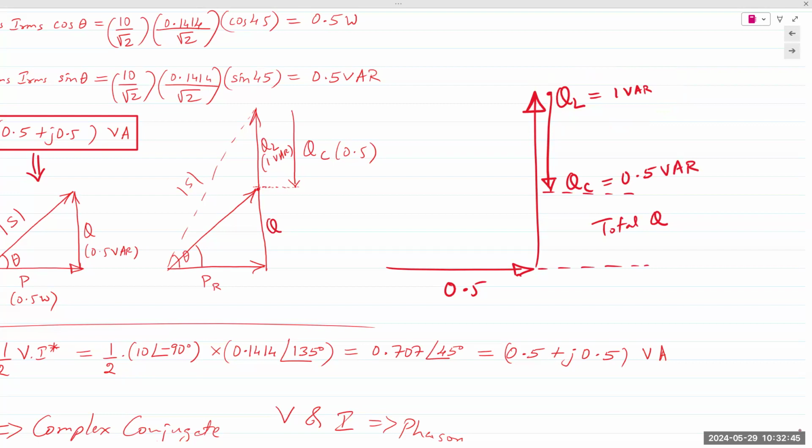So your inductor power required is 1. Capacitor brings it down by half. This would have been your total power required. This is the actual power required. This is without the capacitor. This is with the capacitor.